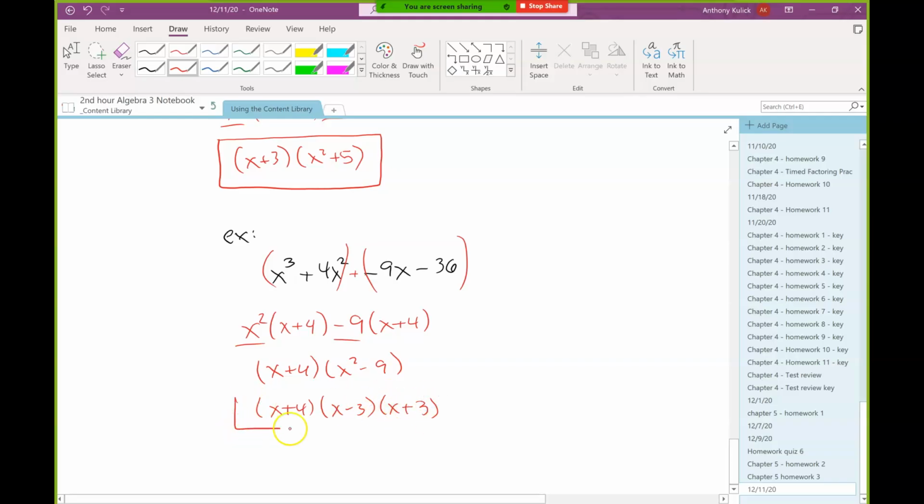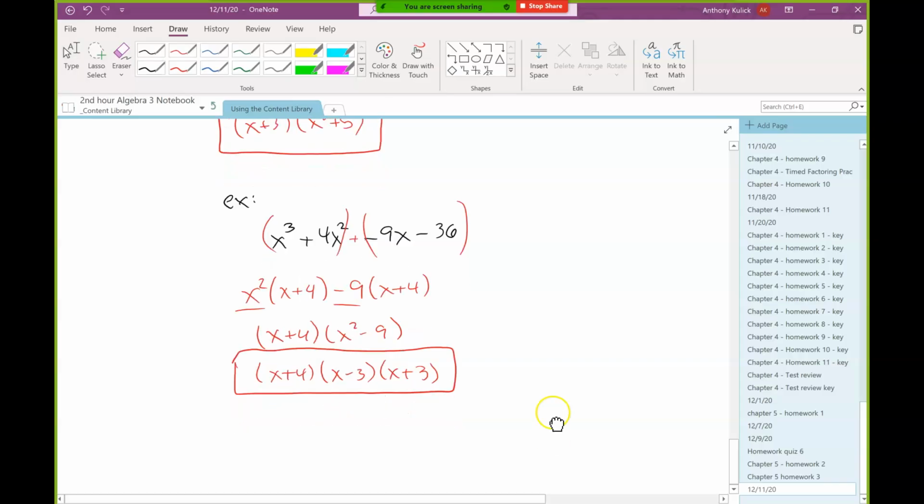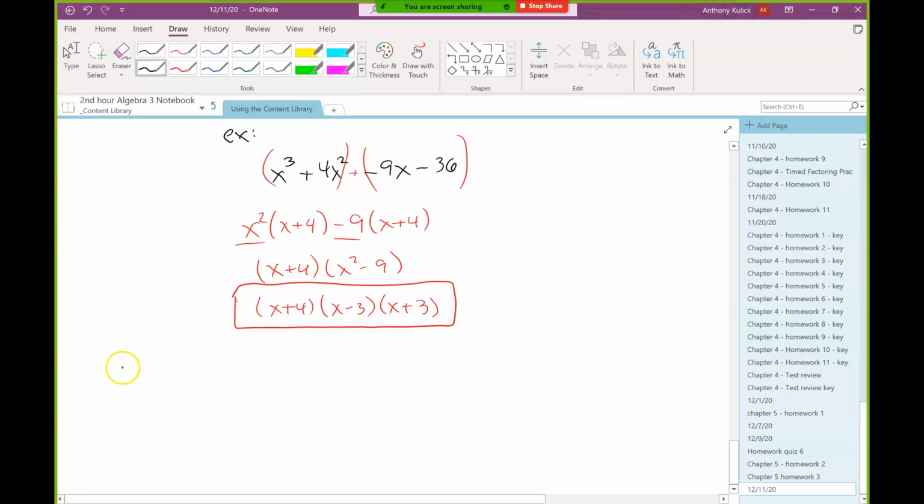So we're done with that one. Just as a summary, if I have two terms, I'm going to be looking at the sum or difference of two cubes or the difference of two squares as the way to factor it.